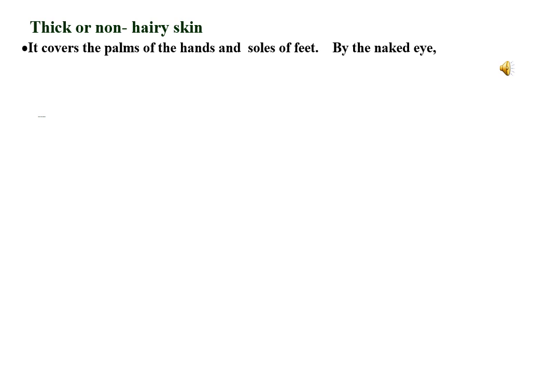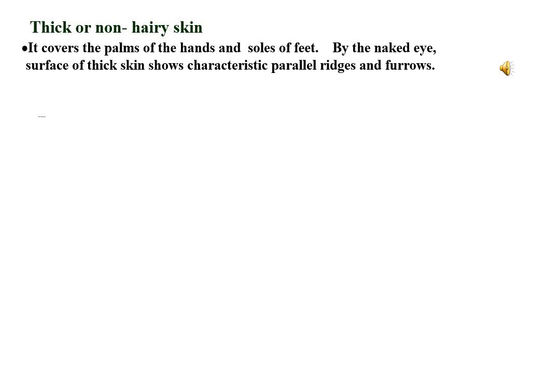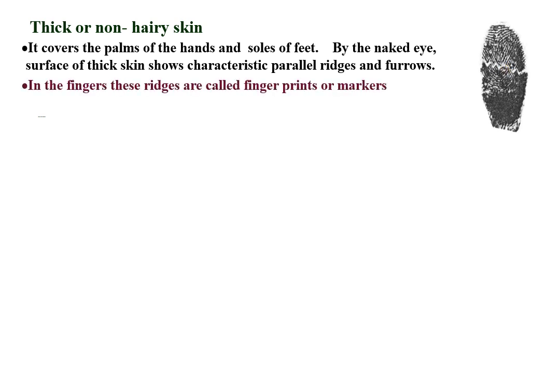Thick or non-hairy skin. It covers the palms of hands and soles of feet. By the naked eye, the surface of thick skin shows characteristic parallel ridges and furrows. In the fingers, these ridges are called fingerprints or markers.